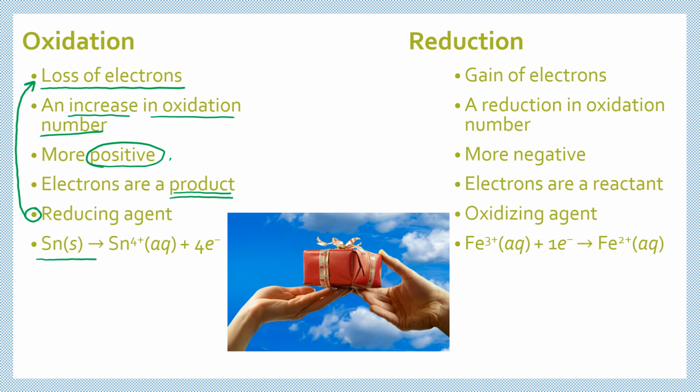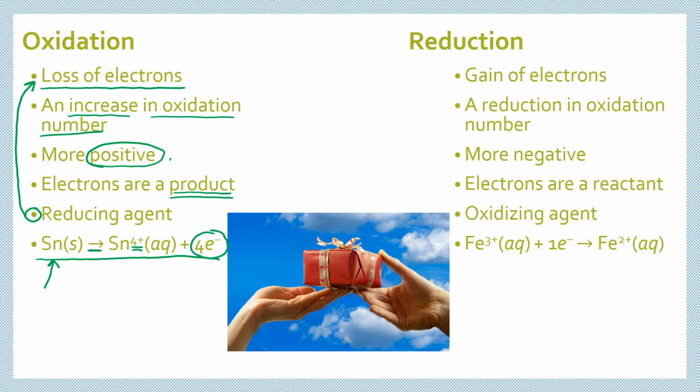This can be illustrated with this half reaction. Notice that tin becomes a positive 4 ion, meaning that it lost electrons, 4 electrons to be specific, and you guys can see that indicated here.